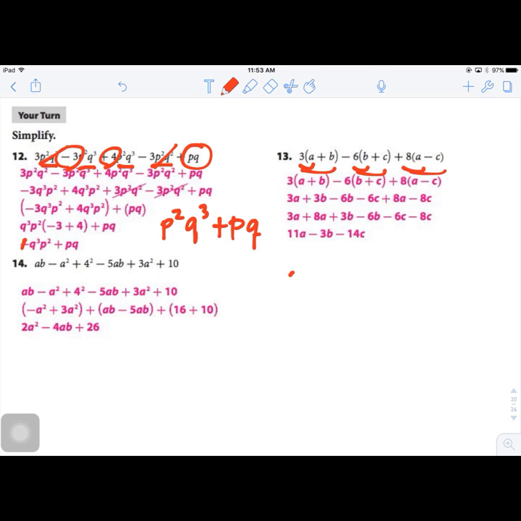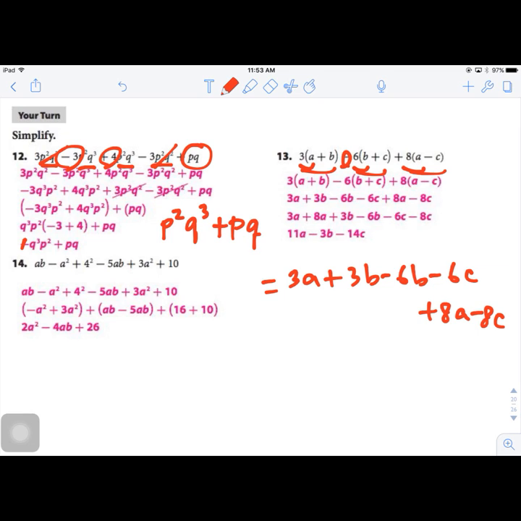So we get 3a plus 3b minus, the minus gets distributed, so it's minus 6b minus 6c, then plus 8a and minus 8c. So that's the expression you get after distributing all the numbers in front of the parentheses.